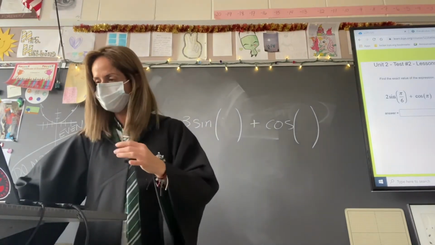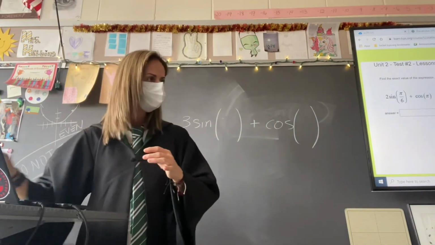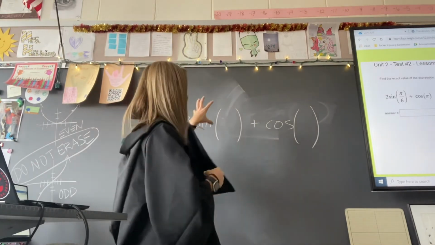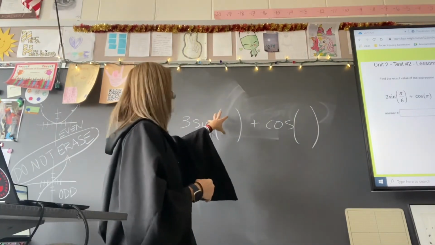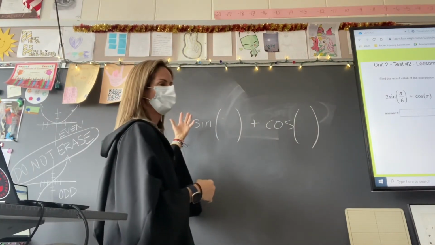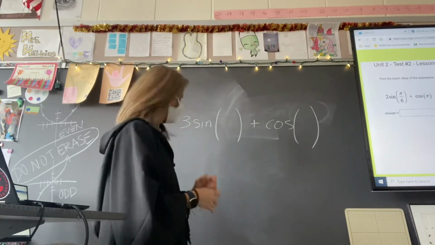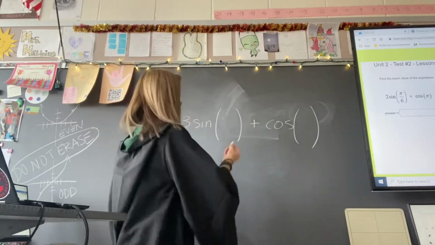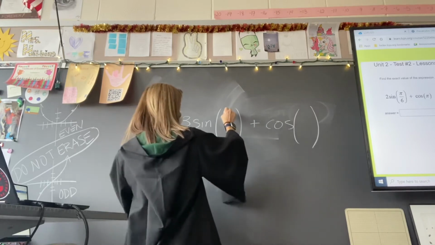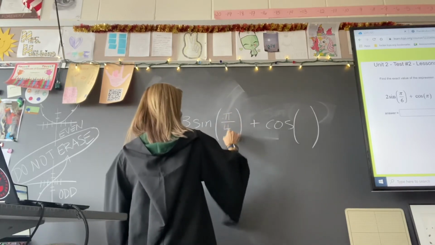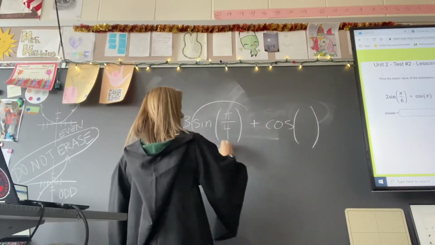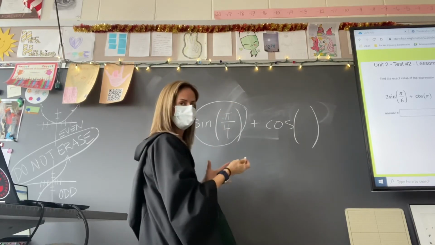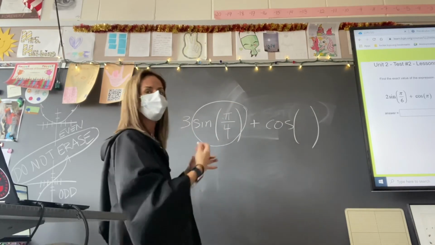Good? So this is a number, and that number is being multiplied by 3. What do you mean, value? Let's say it was pi over 4. You would find what this value is using the unit circle, then you would multiply it by 3.